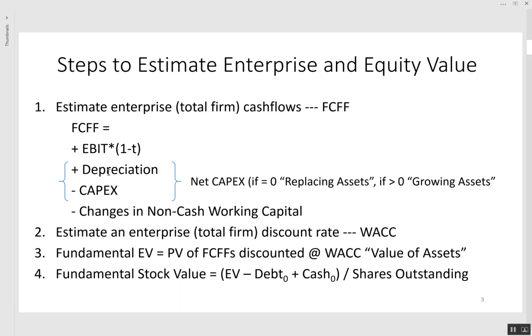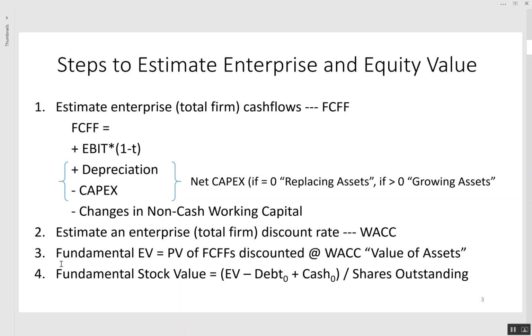If the net CapEx is positive, you're actually increasing the capital stock in the company. You're growing the asset base, and that would be characteristic of a growing firm. Lastly, you subtract the changes in non-cash working capital. Second step, estimate the enterprise discount rate, and we've done that, the weighted average cost of capital.